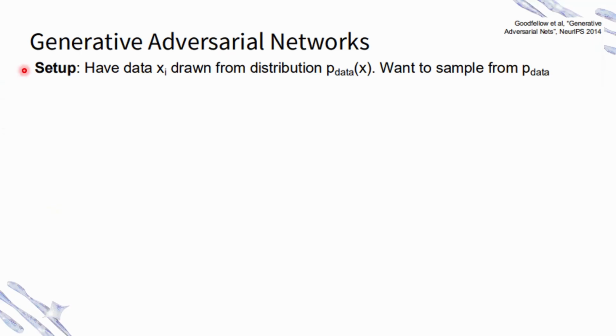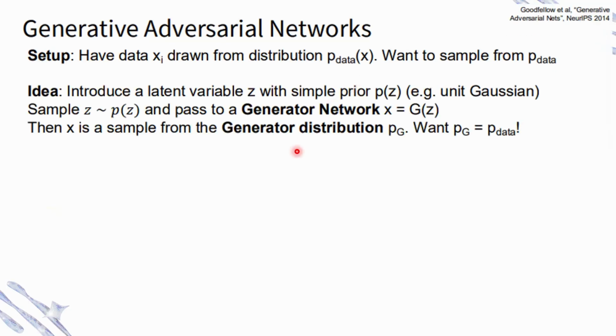So the setup is this: we're given data X_i drawn from a distribution P data of X, and we simply want to sample from this P data. Again, we will use a latent variable Z, and we assume that it has a simple prior distribution, for example a unit Gaussian again.